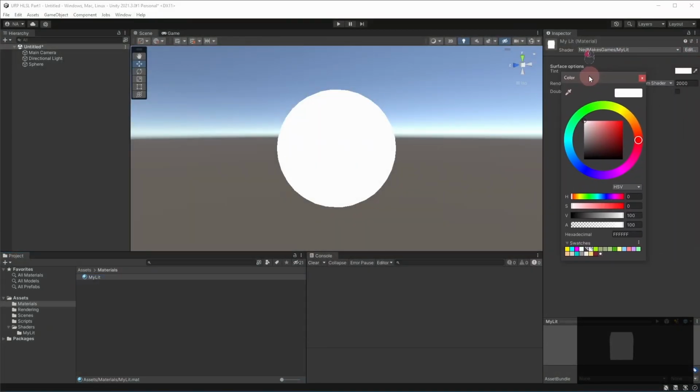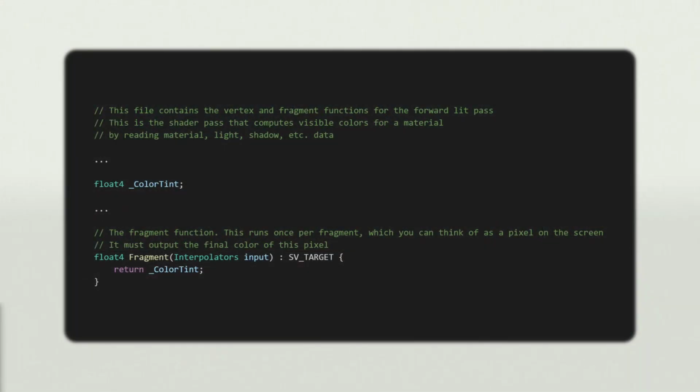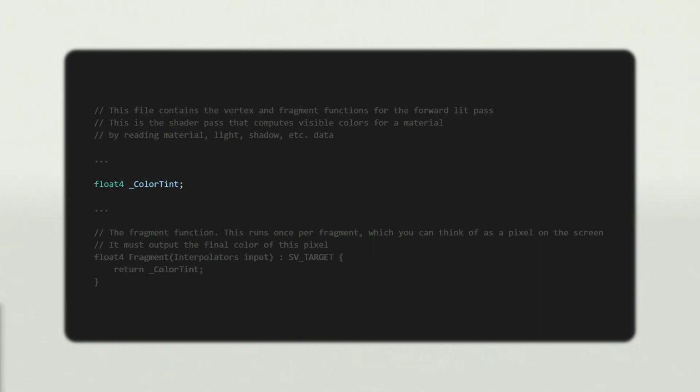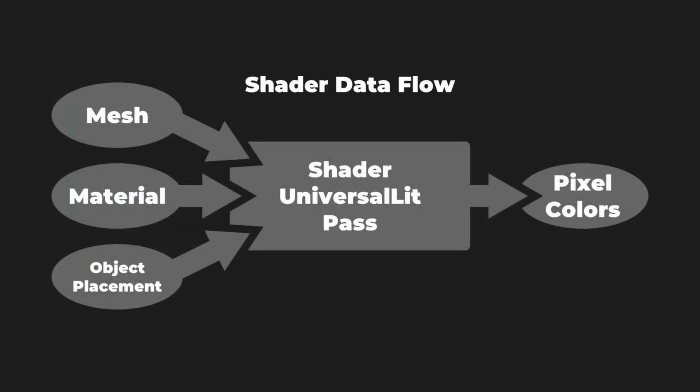The property is all set up, but the value is not reflected on screen. Open mylit forward-lit-pass.HLSL. Although we defined a property in ShaderLab, we must also define it here in HLSL. Make sure the reference name matches exactly. Unity will automatically synchronize this variable with the material inspector.